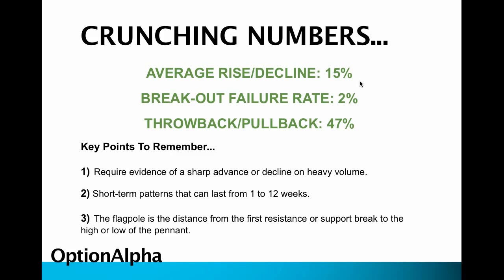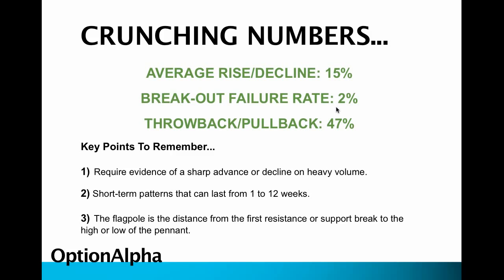It can only last for a couple weeks, but it's really strong. The initial flagpole is really defined. It's a big move higher, and then the market consolidates briefly. Then it has another huge move higher. So it has a really good average rise on the pennant patterns, about 15% on the upside and obviously 15% on the downside for bearish pennant patterns.